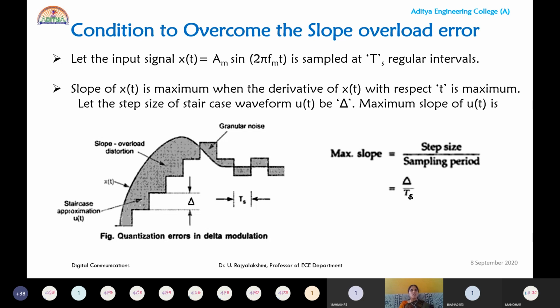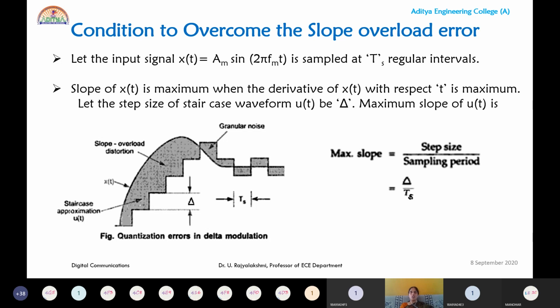What is the input signal? Let us assume x of t as Am sin 2 pi fm t, a sinusoidal signal, and let us sample the input signal x of t at Ts intervals. Now, what will delta modulation do?